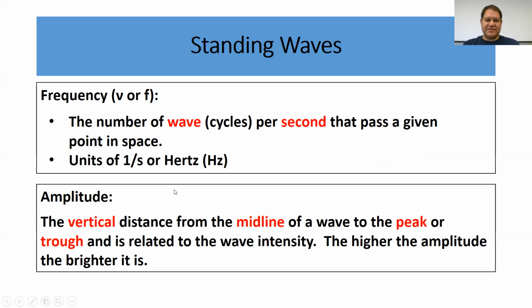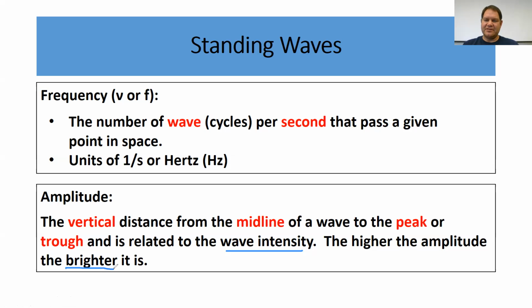All right, so we talked about the amplitude. Let's come back to the frequency in just a moment. The amplitude is the vertical distance from the midline of the wave to the peak or trough. The amplitude of a wave, as far as light is concerned, is important for looking at light's intensity as well as its brightness.